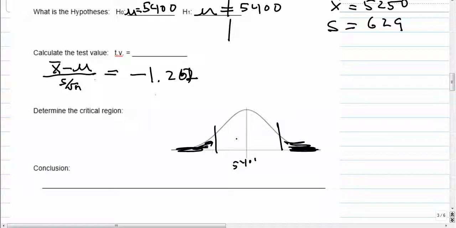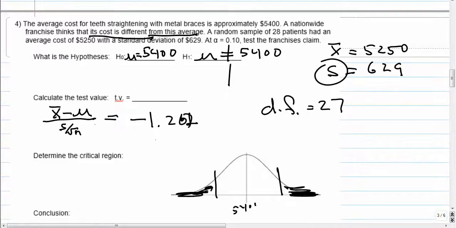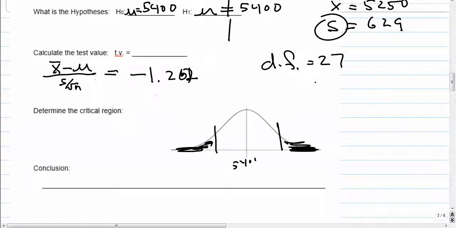Well, once again, if you go look up in the t-table this time, because again, we do not know the population standard deviation, we need to work with the t-score, and so therefore the degrees of freedom in this particular problem is 27, because n is equal to 28. Look up the degrees of freedom.